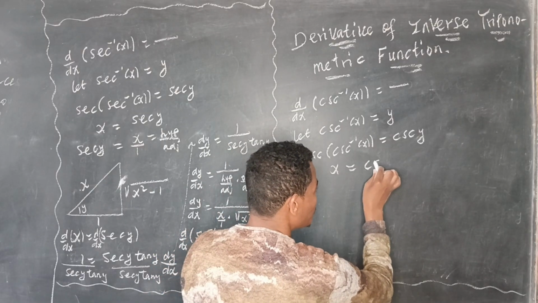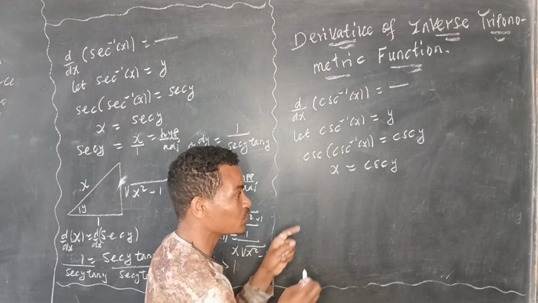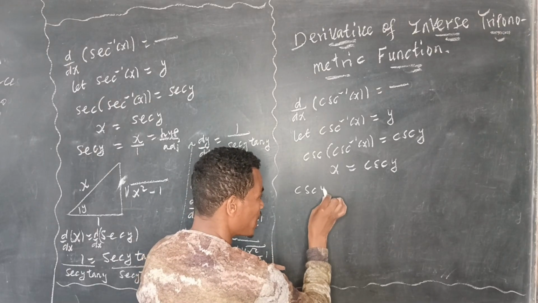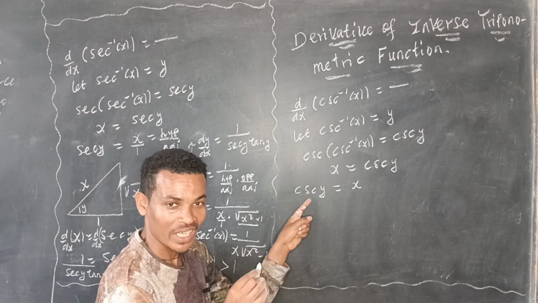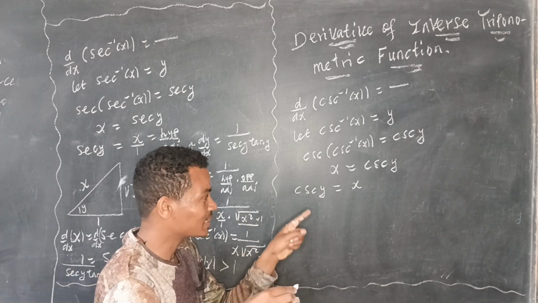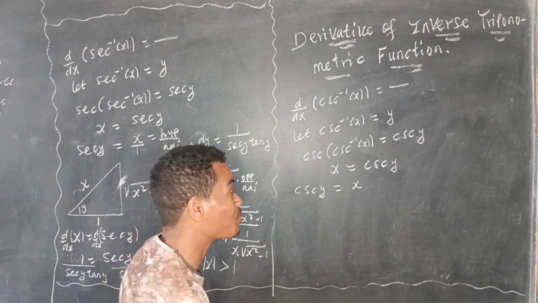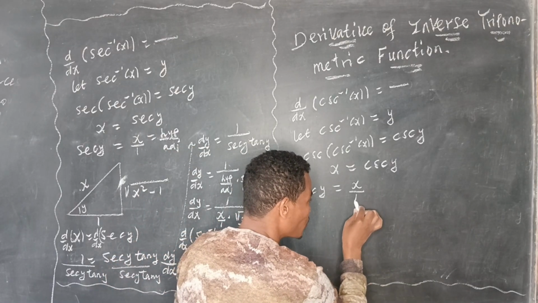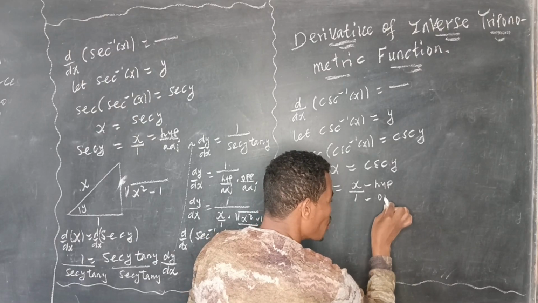And from this one, cosec y is equal to x. Cosec is the reciprocal of sine. Sine theta is opposite side over hypotenuse. Cosec y is hypotenuse over opposite. That means x over 1, this one is hypotenuse and this one is opposite.